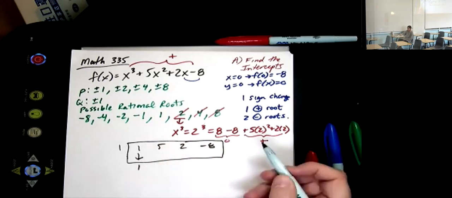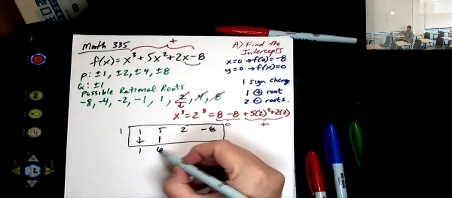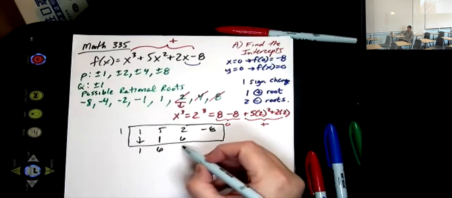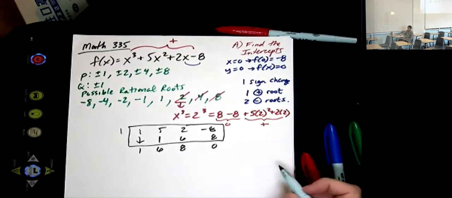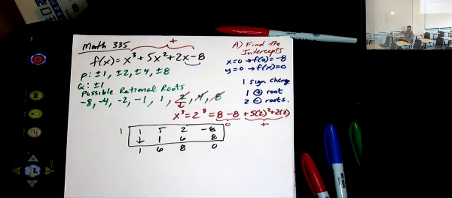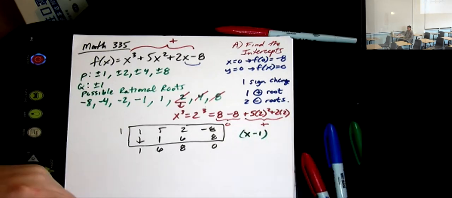We'll bring down the 1. I got 6. That worked. Which means x minus 1 is a root, or a factor.